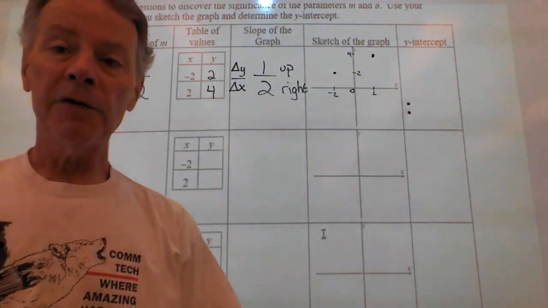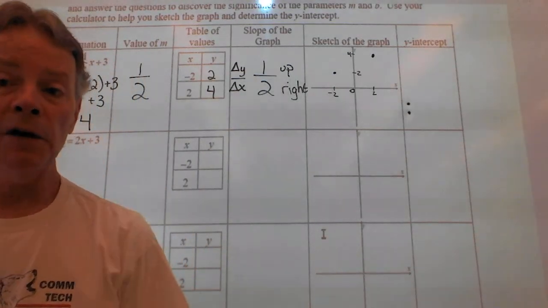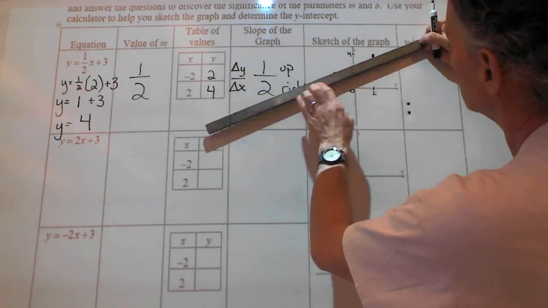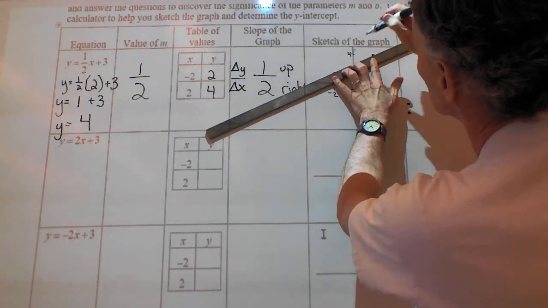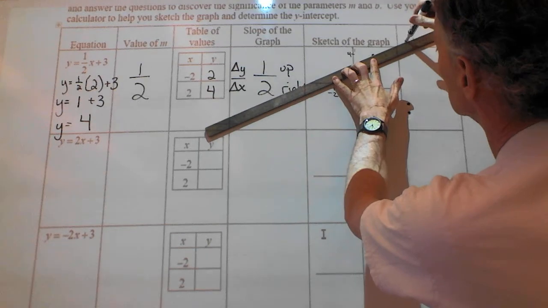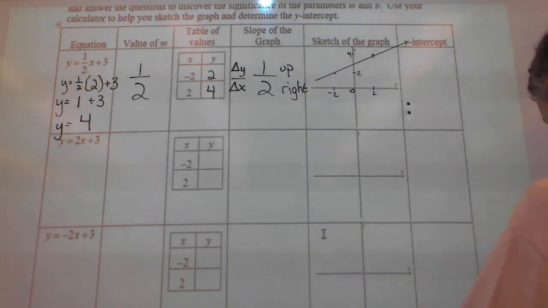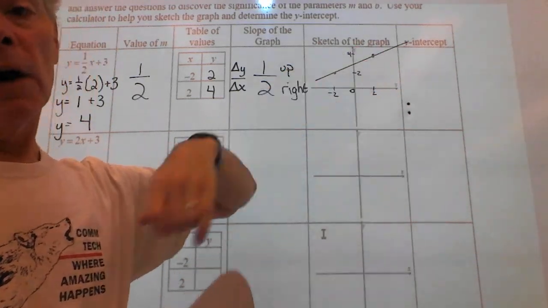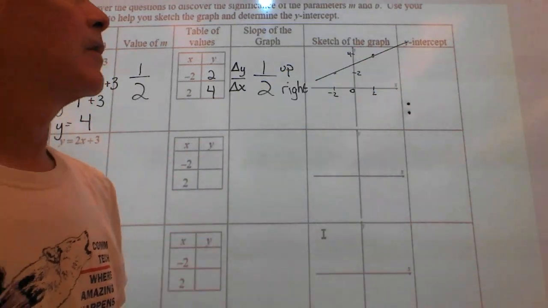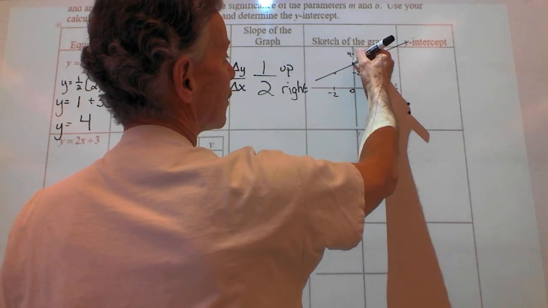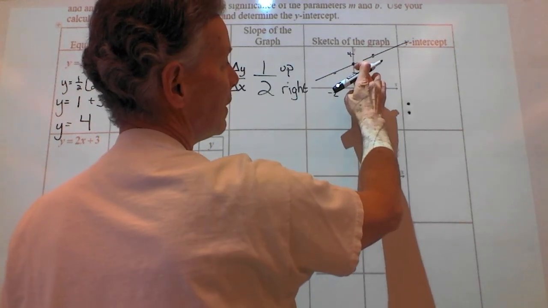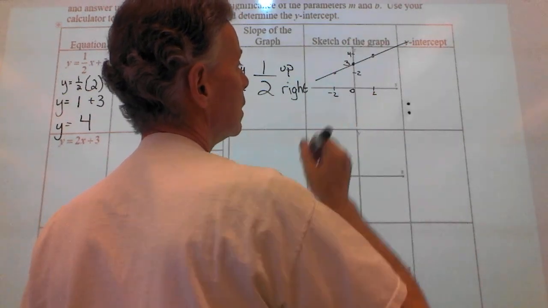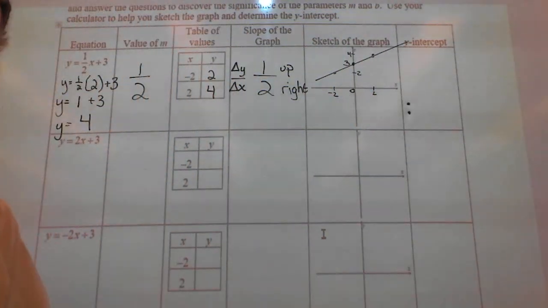As soon as we have 2 points, we can graph our line. Let's take Mr. Ruler, join the points, and we have our line. Now, take a look at where the line crosses the y-axis. The line crosses the y-axis right here, which you can see is between 2 and 4. It crosses the y-axis at 3.